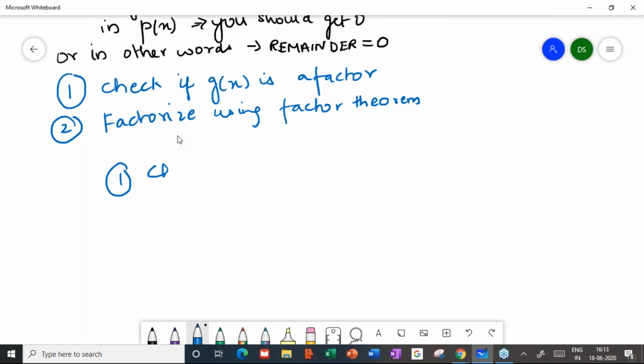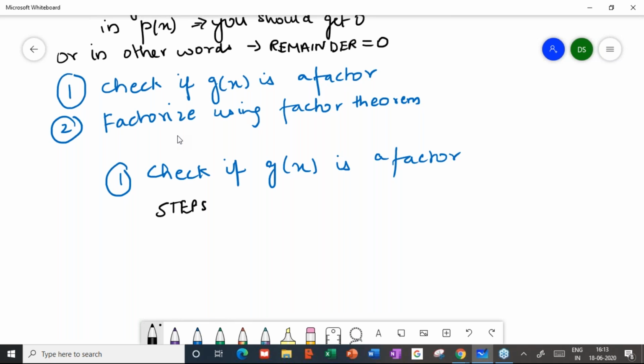So first part, check if g of x is a factor. What do you do? What will be the steps? Again, same thing. Step 1, equate g of x to 0.